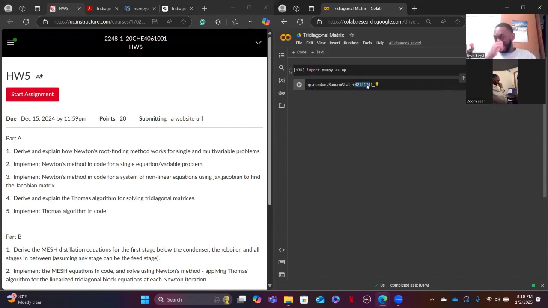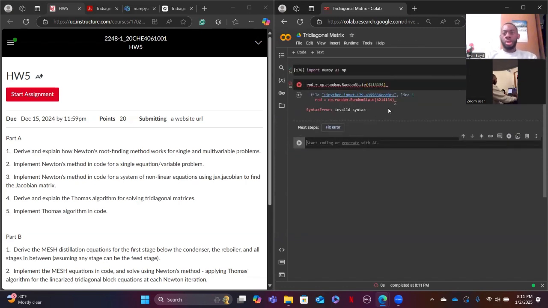We will be generating random numbers for our matrices. By having an actual number for our seed for our random state, it allows us to always keep the same random numbers, so it doesn't keep generating new numbers every time we press shift enter. That's basically what it is. And we'll call this rnd.